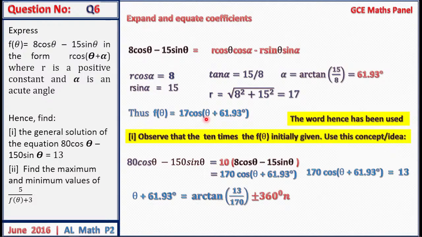From here, cos(theta plus 61.93 degrees) should be equal to 13 over 170, and theta plus 61.93 degrees will be equal to arccos of 13 on 170 plus or minus 360 degrees n. Why? Because the period of the cosine function is 360 degrees. Therefore, theta will be equal to arccos of 13 on 170 plus or minus 360 degrees n minus 61.93 degrees.